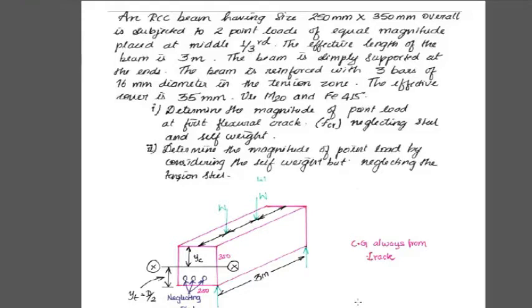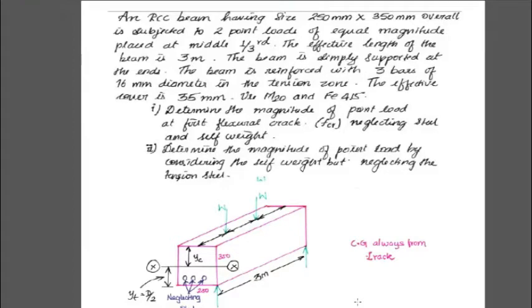The first question: an RC beam having a size of 250 mm into 350 mm overall is subjected to two point loads of equal magnitude placed at the middle one third. The effective length of the beam is 3 meter. The beam is simply supported at the ends. The beam is reinforced with three bars of 16 mm diameter in the tension zone.